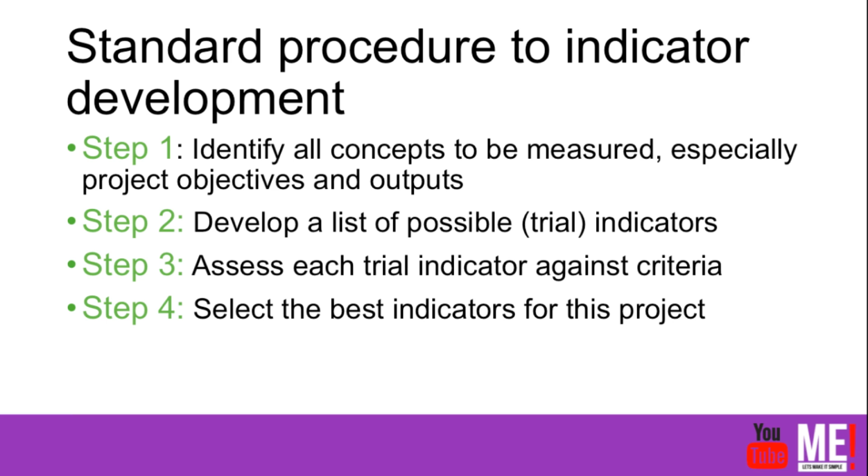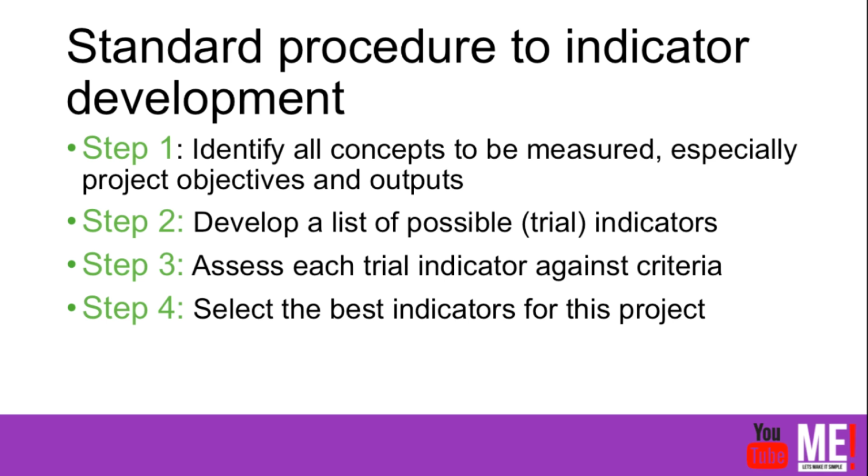Okay, standard procedure to indicator development. As an M&E officer, it is standard practice that you follow these four major steps when it comes to indicator development. Number one, identify all concepts to be measured, especially projects, objectives, and outputs. Number two, standard practice is you should develop a list of possible trial indicators.